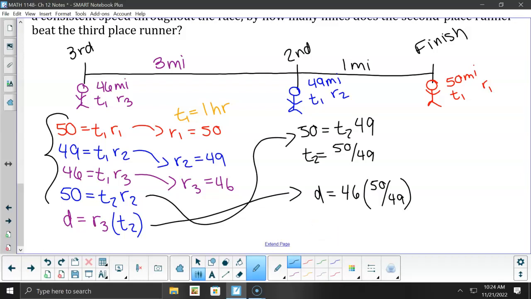So this distance is where he's at in terms of the race. We'll call it D. All right, so how many miles behind is he? 3.06. So 50 minus whatever D was equals 3.06 miles behind.